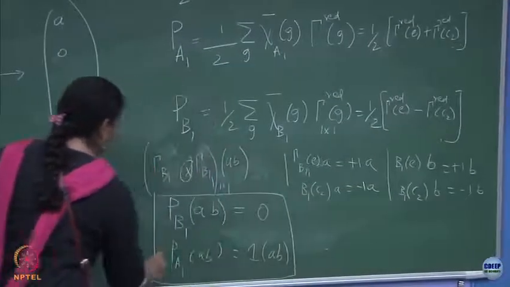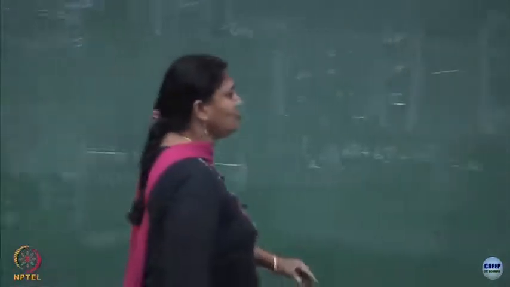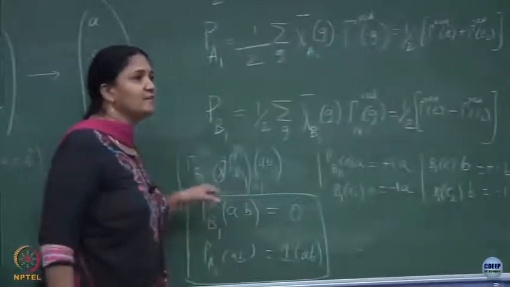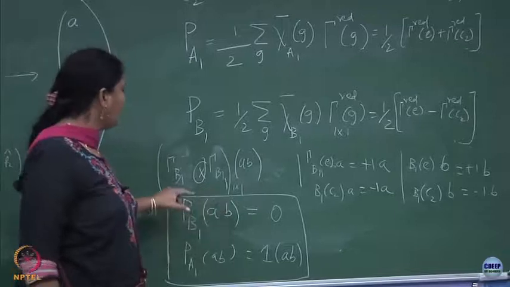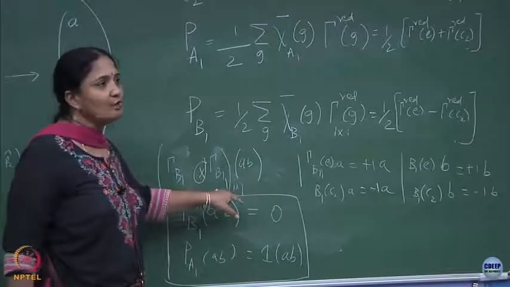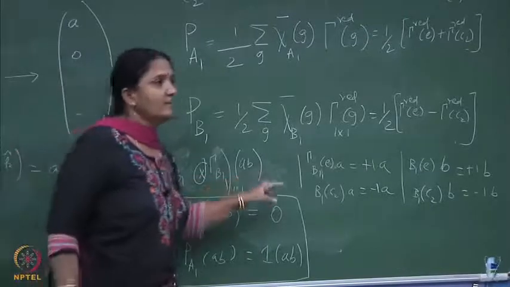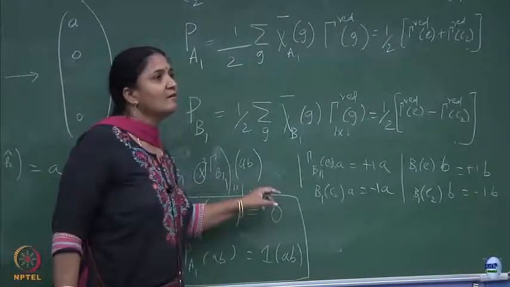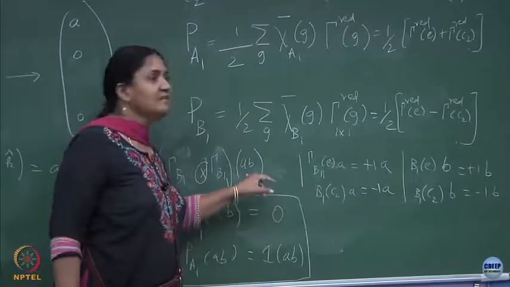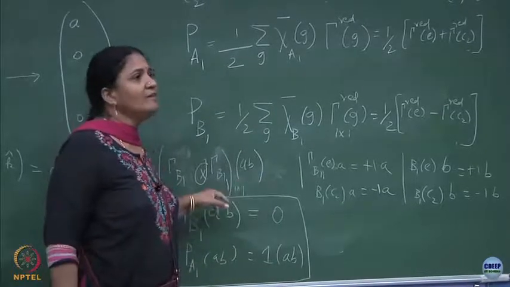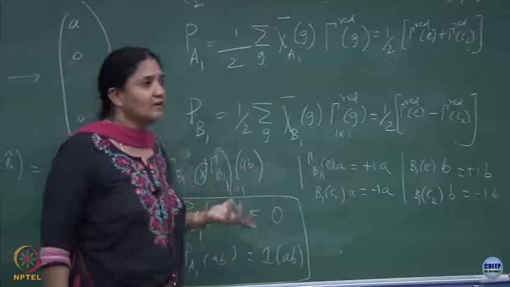So, what does this tell me? That I took the two irreducible representations which are one dimensional, I took the tensor product of those two irreducible representations, it will give me a binary basis. And that binary basis, does it belong to A1 or does it belong to B1 is not clear to me.